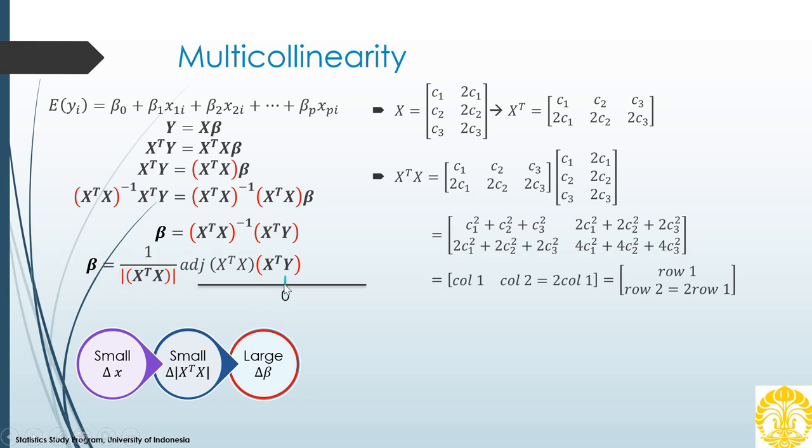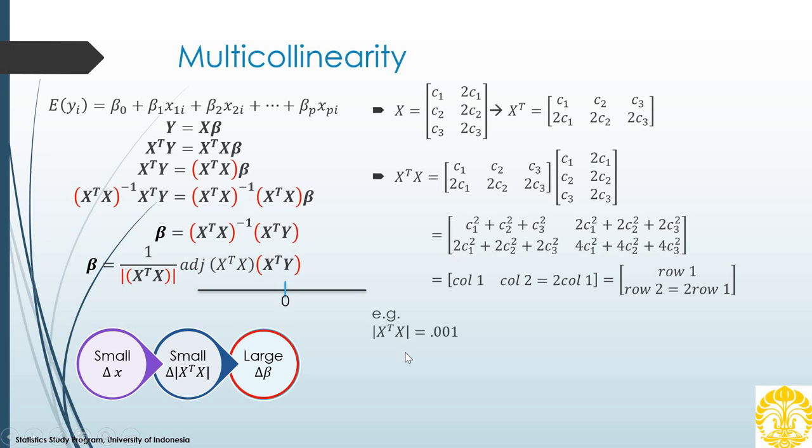When there is correlation between the X, the determinant is around 0, and a small change, like from 0.001 to 0.002 or to minus 0.001, is really small, but the effect is very large on beta.